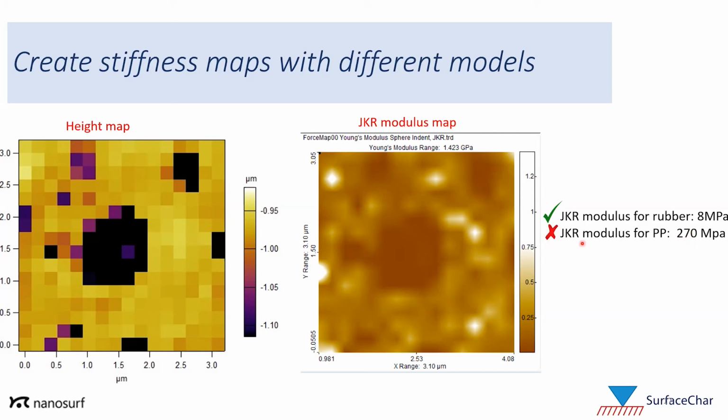The reason that it's off is twofold. First, the JKR model is actually not appropriate for the polypropylene. The DMT model is more appropriate. And also, I had chosen a spring constant for a cantilever that was really optimized for the soft rubber domain as opposed to the polypropylene.